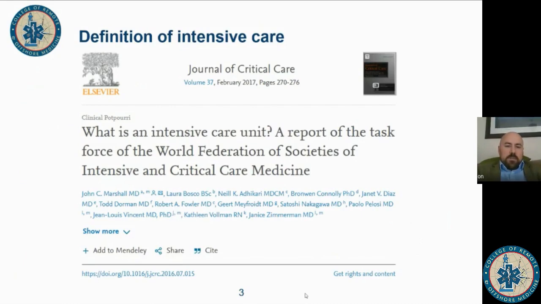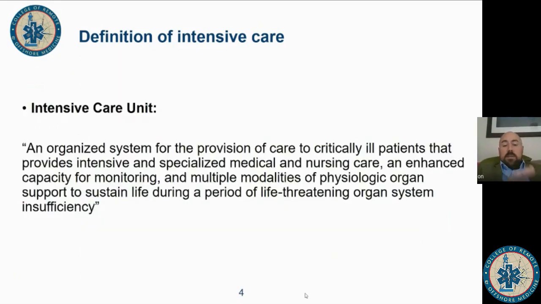There's quite a nice little paper here which I found in the Journal of Critical Care from a few years ago that gives an internationally recognized definition of the different levels of intensive care, and I've pinched their definition, which I'll read out to you because I think it's quite a good broad overview, which is: intensive care is an organized system for the provision of care to critically ill patients that provides intensive and specialized medical and nursing care, an enhanced capacity for monitoring, and multiple modalities of physiological organ support to sustain life during a period of life-threatening organ system insufficiency. So broad brush, but comprehensive nonetheless.